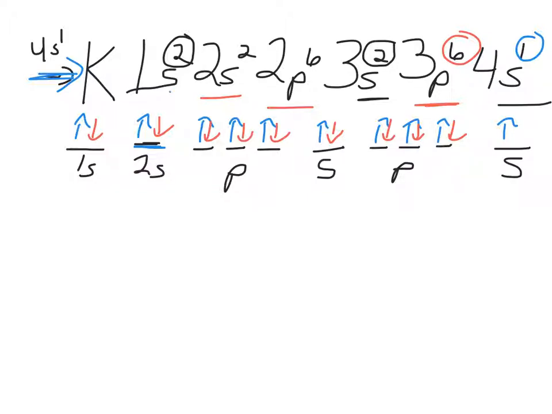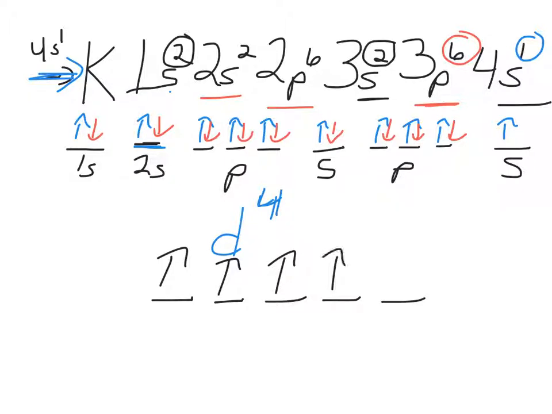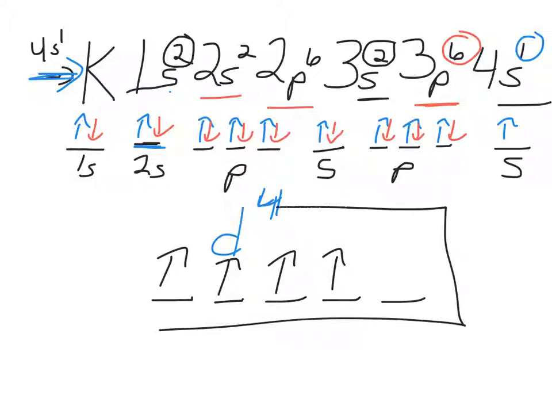What if I had an element that ended with a D4? You still have to have all 5 blanks. 1, 2, 3, 4. And even though it's empty, you still have to have that empty spot because it's an open orbital. Okay?